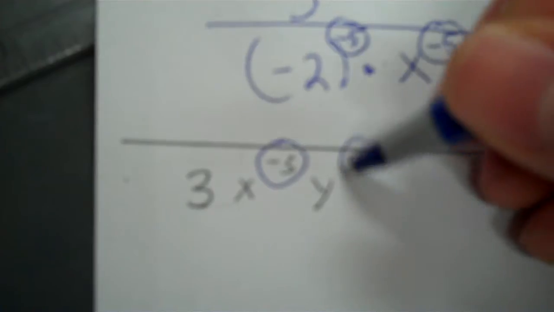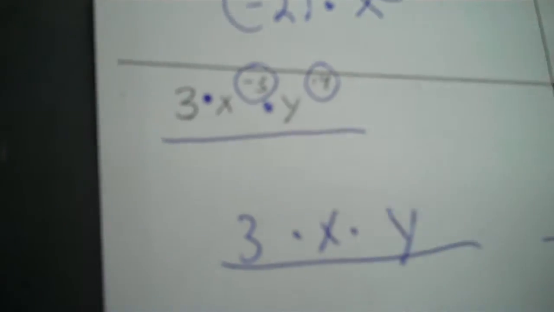Okay, my next problem. We have 3x to the negative 3rd power, y to the 14th power. So, what are the operations? Well, that's times and that's times, so it's all times again. And then I underline the expression. So on top, my factors are 3, x, and y, one of each.